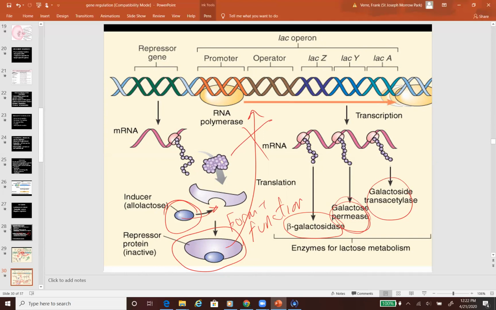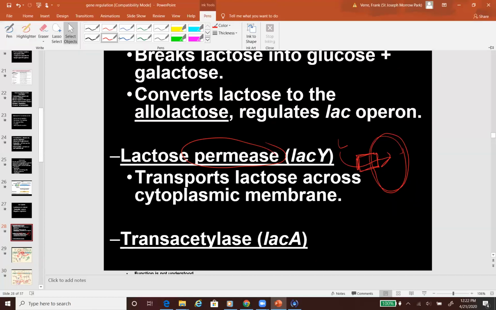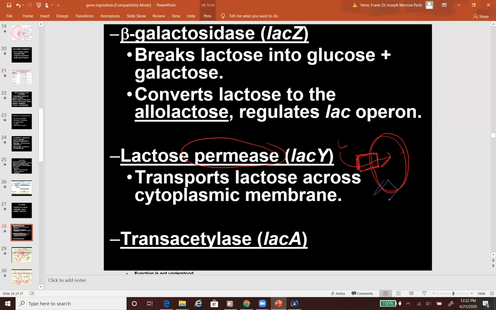Turns out that if you go back to the cell, the permease protein that brings in the lactose is only one of two transporters. There's actually a second transporter that's already sitting in the cell membrane that allows the lactose to enter.